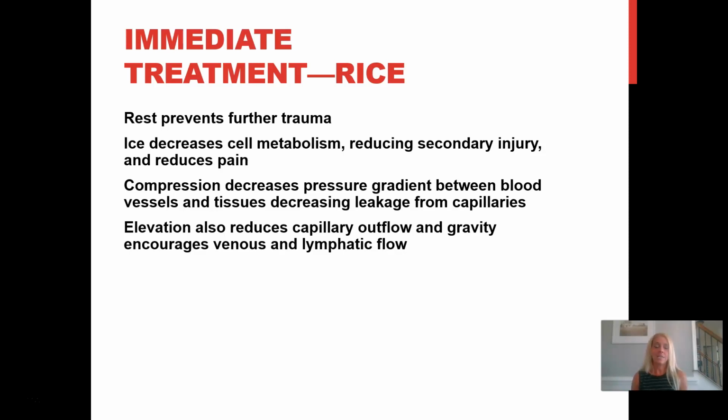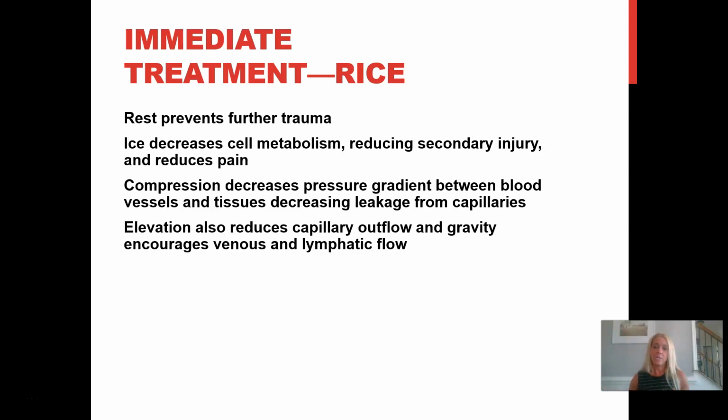Ice is going to, again, all those physiologic properties of ice: decrease cellular metabolism, reduce secondary injury, reduce pain, reduce swelling, just overall slow down that acute inflammatory response. Compression, again, is going to decrease that pressure gradient between the blood vessels and tissues. So remember, we did that experiment where we held one hand up in the air and one hand down.